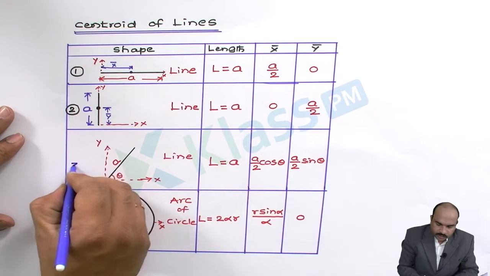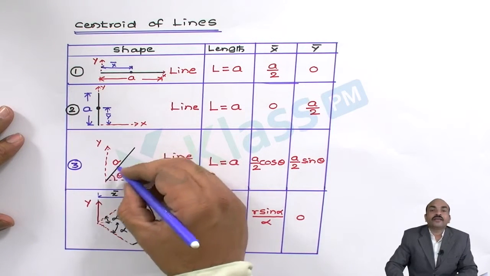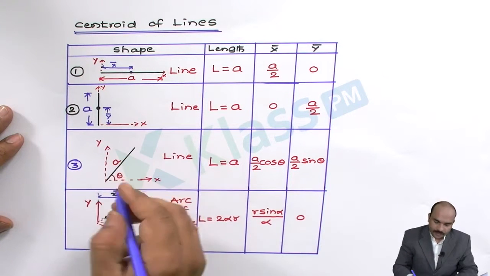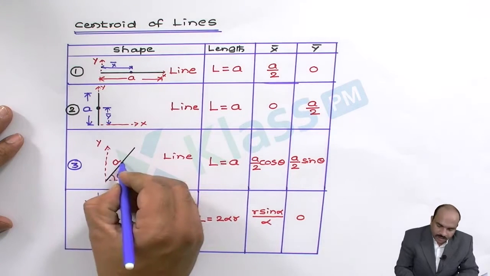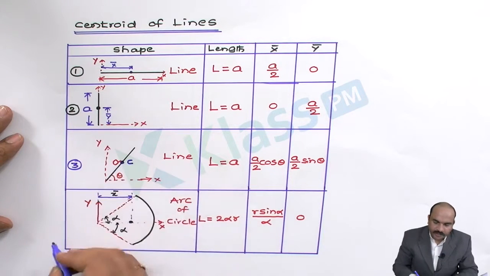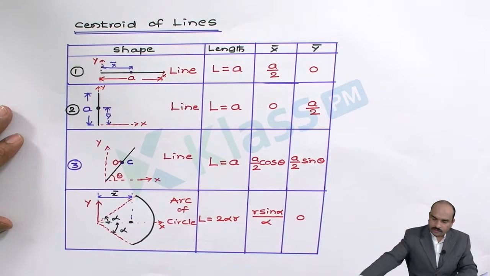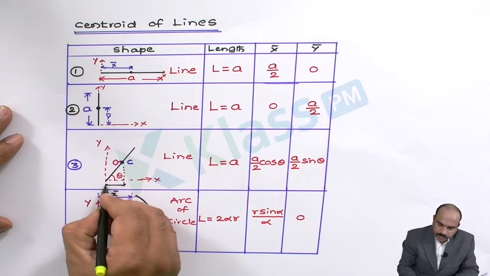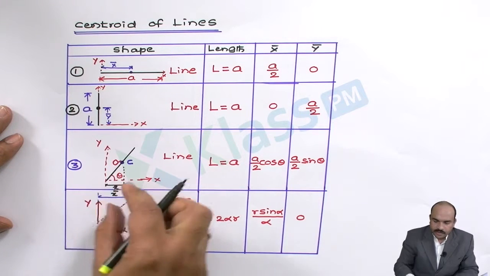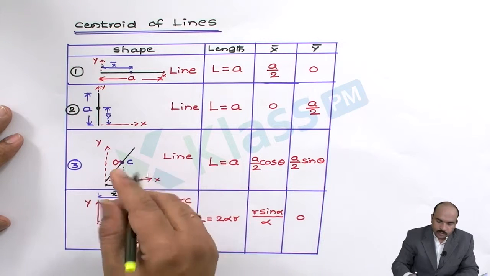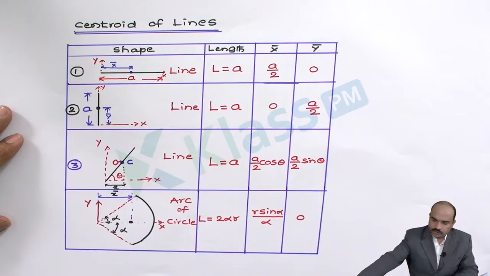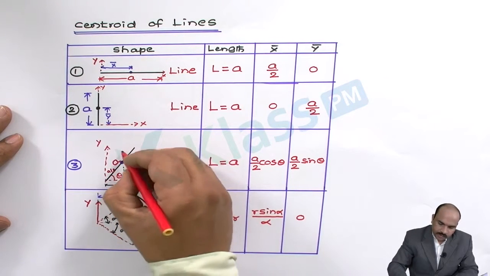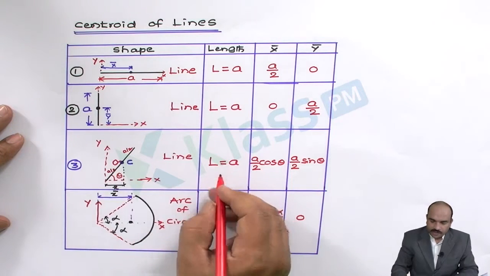Now let us see the third one, the inclined straight line. The length of the line is, let us say, a and its angle is theta. Let the center of the line be marked. The length up to the center is a by 2, and the remaining length is also a by 2, so the total length of the line is a.